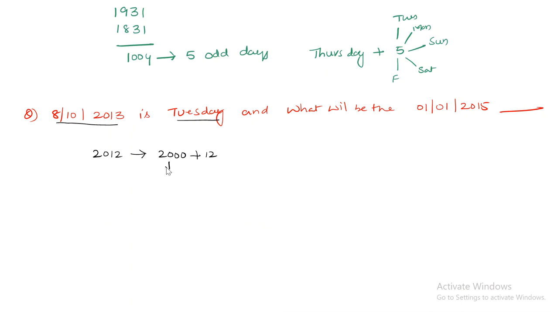So 2000 will have 0 odd days, and 12 years: 3 leap years and remaining 9 normal years. So 3 into 2 will have 6 odd days, 9 into 1 will have 9 days. Total is going to be 15 days. So for the previous years we have 15 odd days.